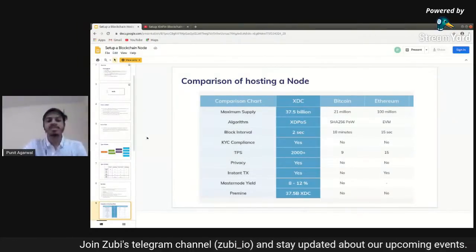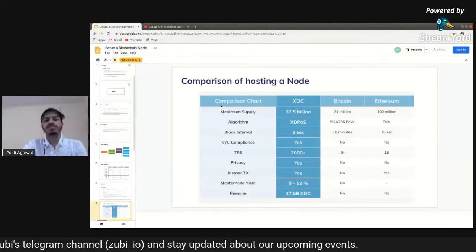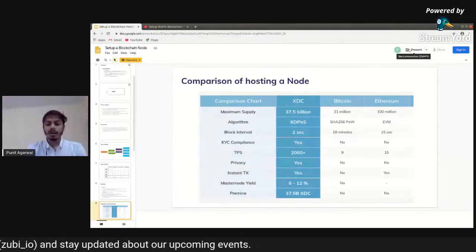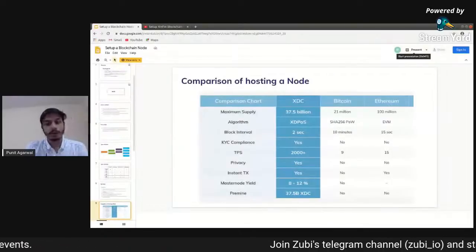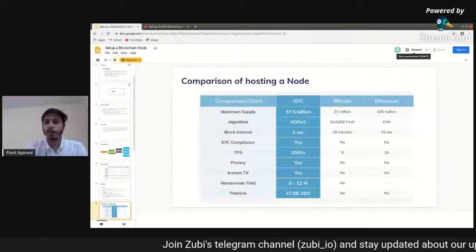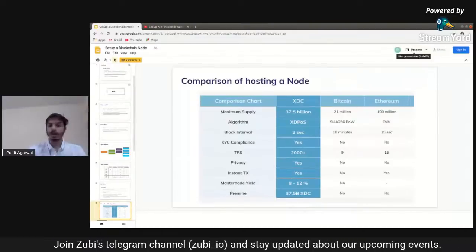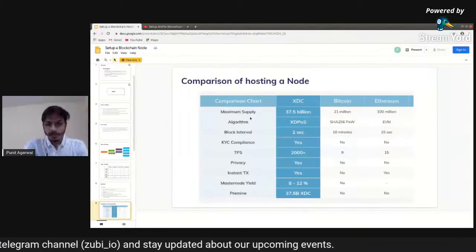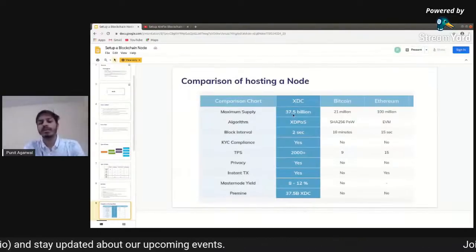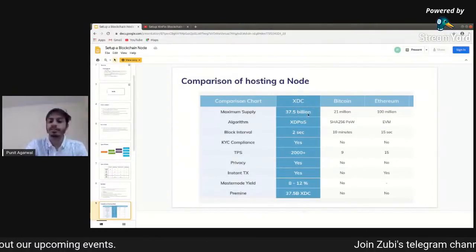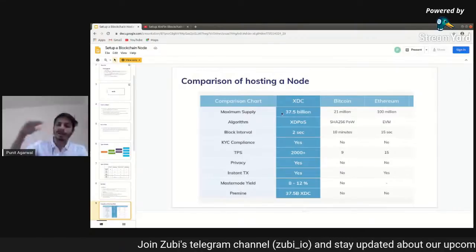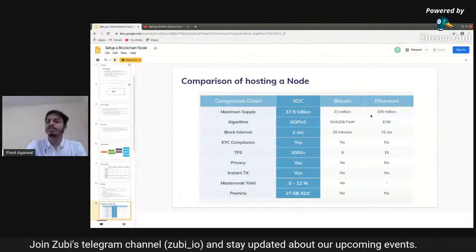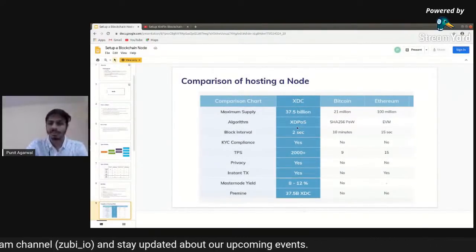So the comparison chart. How do you understand whether you should host a Bitcoin node, an Ethereum node, or the XDC node, which is an XinFin node? The maximum supply in the case of XDC is 37.5 billion. This is the number of tokens of XDC, that is the max cap. In Bitcoin it's 21 million, and in Ethereum it's 100 million approximately.